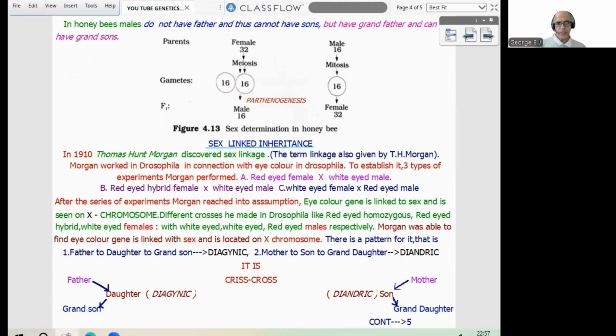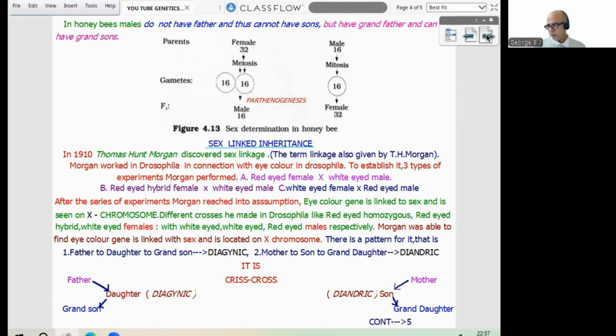This way crosses were done, and he was able to observe that the eye color gene is linked with sex and located on the X chromosome, and there is a pattern of inheritance. It is father to daughter to grandson, diagynic, then mother to son to granddaughter, diandric, and this type of inheritance is called crisscross inheritance.